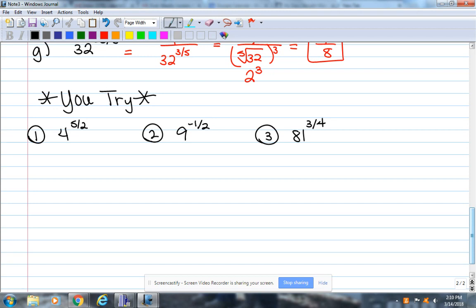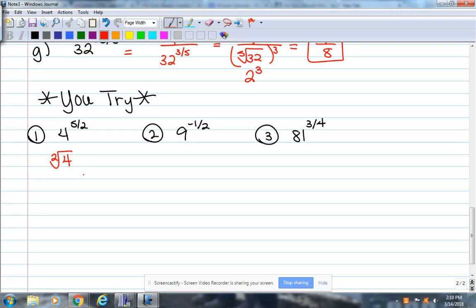All right, can somebody tell me how I set up number 1 as a radical? KD, what root on number 1? What's my index? 2. So we take the square root of 4, and then I do what with it? I didn't ask that.